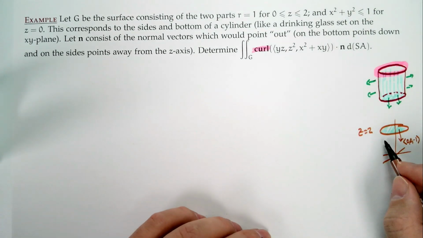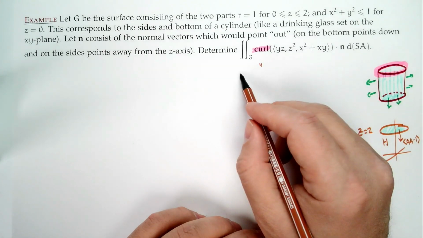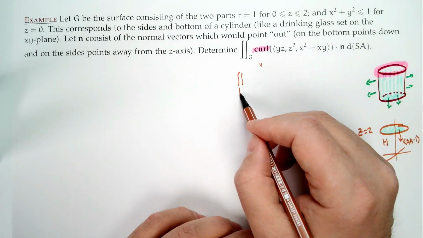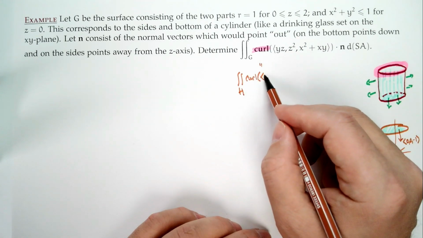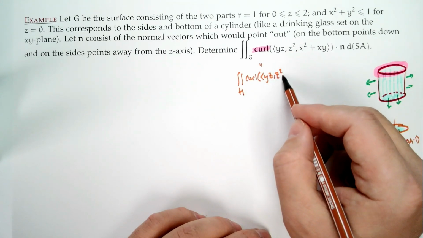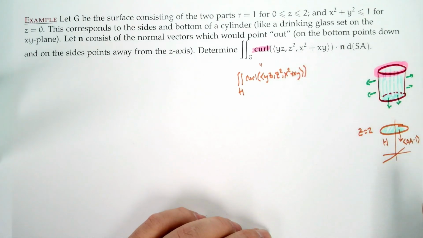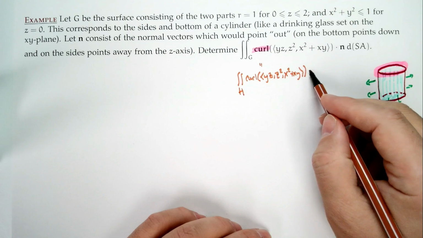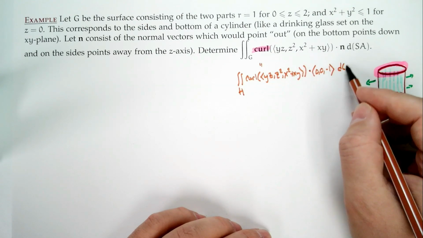So let's call this surface H. So what we get is that this is equal to the integral over H of the curl of yz, z squared, x squared plus xy, dot 0, 0, minus 1 dS.